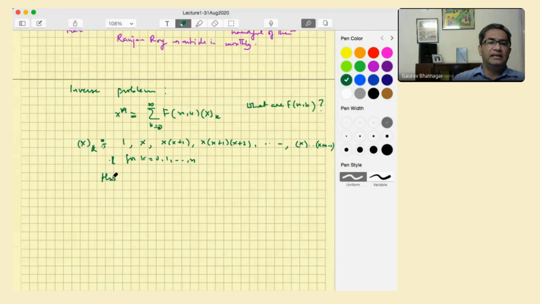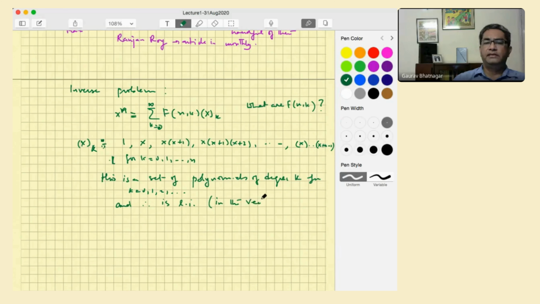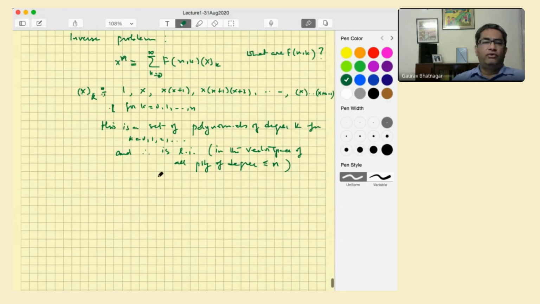So this is a set of polynomials of degree k, for k equal to 0, 1, 2, whatever, and therefore is linearly independent in the vector space of all polynomials of degree less than or equal to n. So it forms a basis.